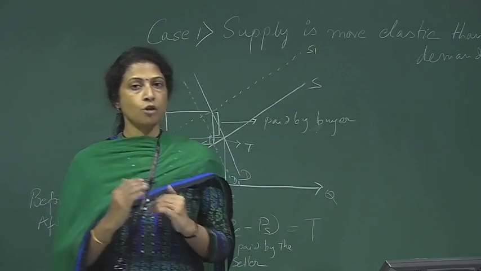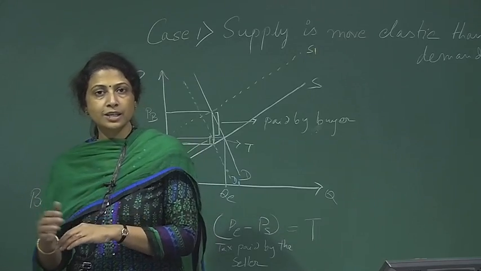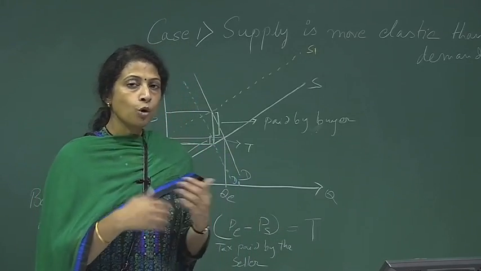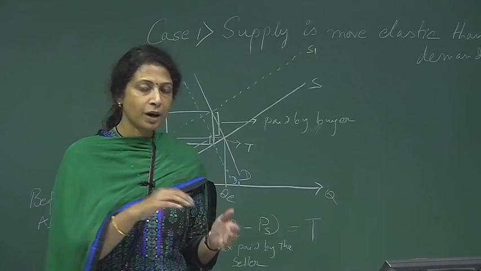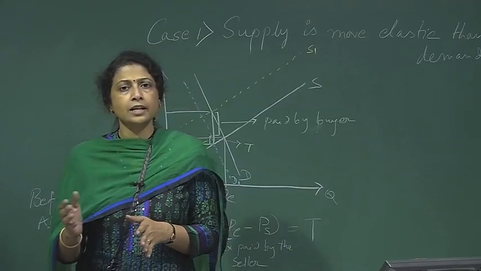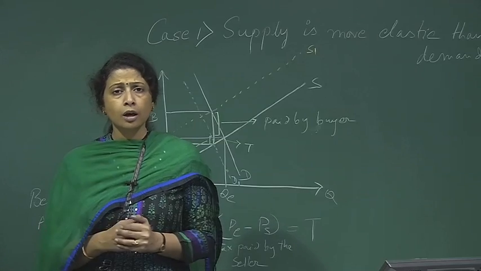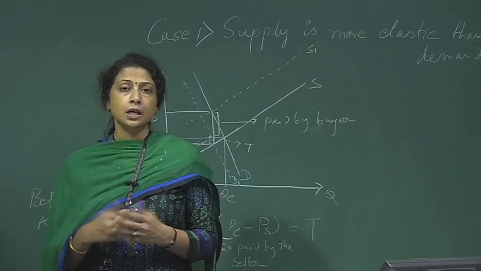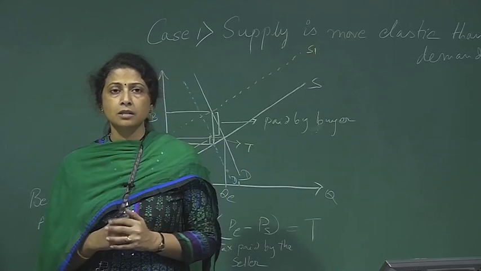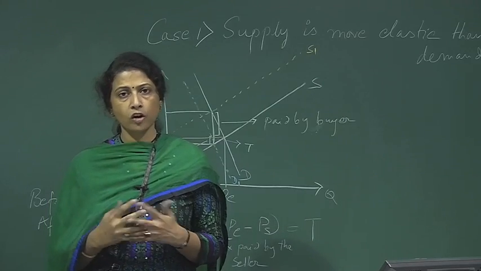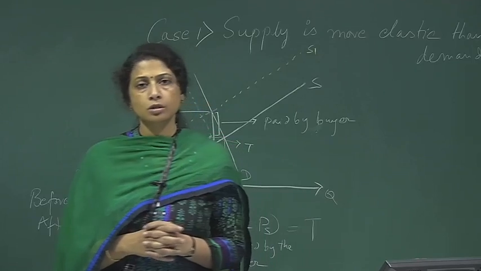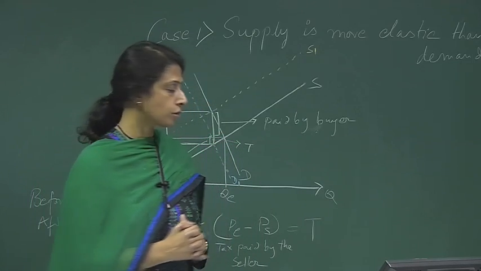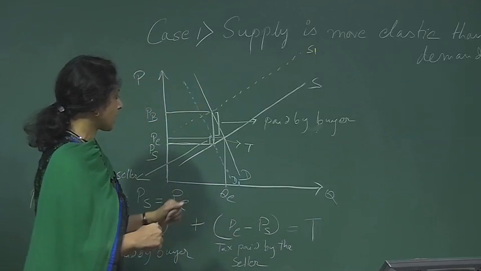So in that case, obviously, the party which is more flexible, that is the party which can leave the market, which can decide not to produce, since the cost has gone up for the seller. So the seller might just decide that I'm not interested in paying so much tax, so I'm going to produce less, I'm going to pay less tax.